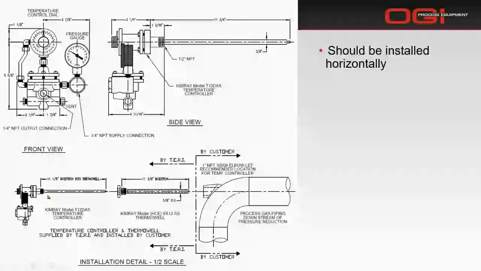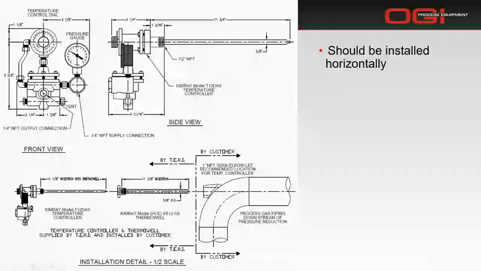So let's take a look at proper installation. This temperature controller on this diagram should be installed horizontally with the dial face here. This is what you would use to dial in your set point to make sure you have that 45-degree cycle. If you don't install it horizontally, it will be facing up.